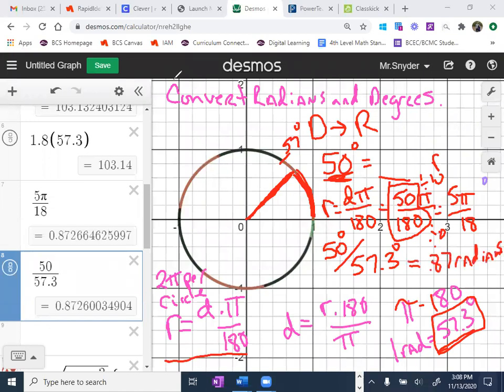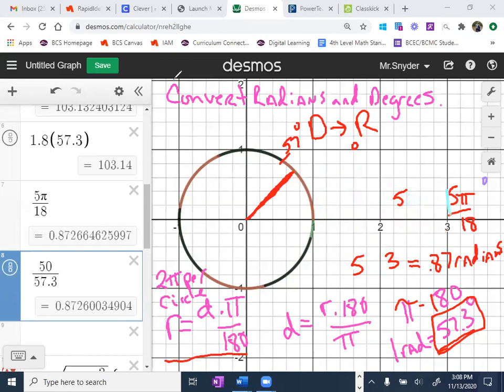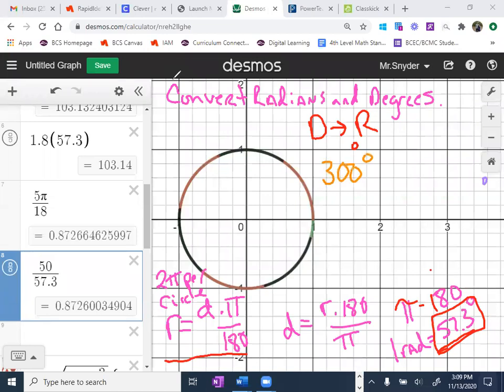Let's try that again with another one real quick. I'm going to erase what we have here. We're going to look at one that is a little bit larger: 300 degrees. One thing I know about 300 degrees is this is 90, this is 180, this is 270.